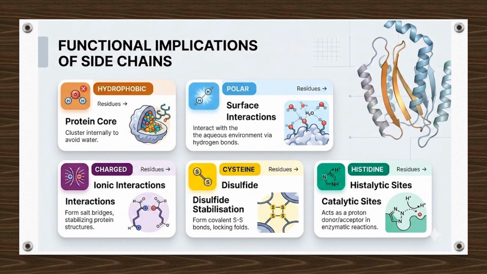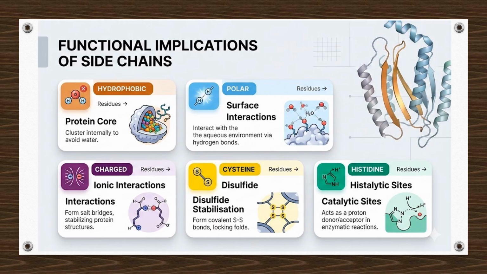Charged side chains like those of aspartate, glutamate, lysine, arginine, and histidine form ionic bonds or salt bridges that stabilize higher order structures and mediate interaction with DNA, RNA, and other proteins.